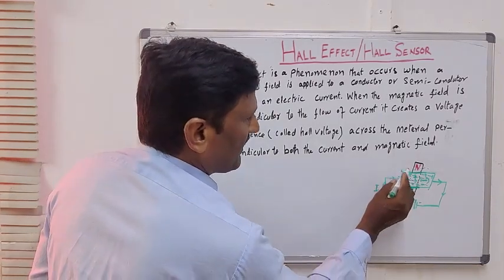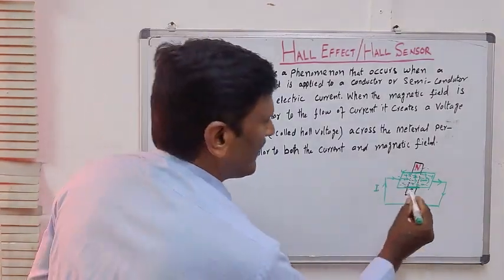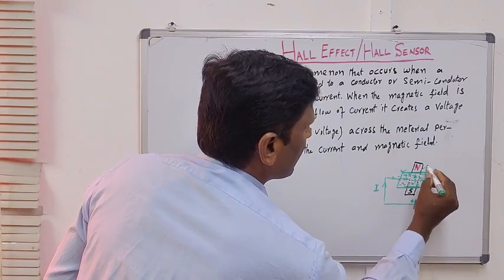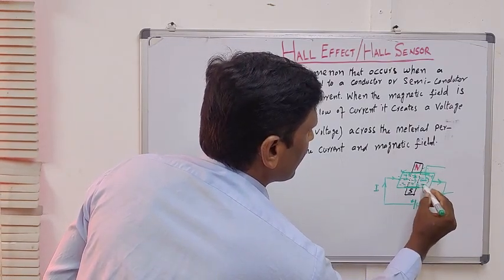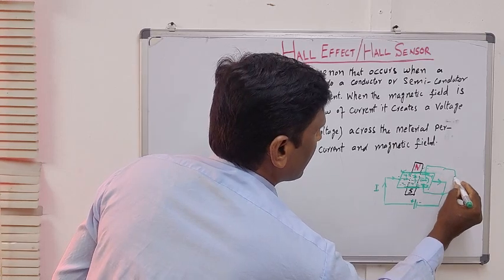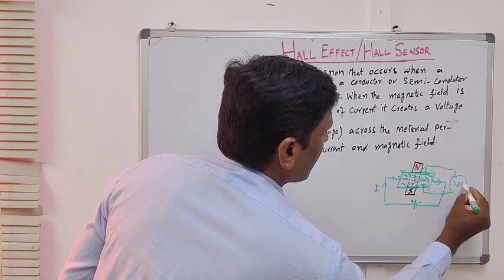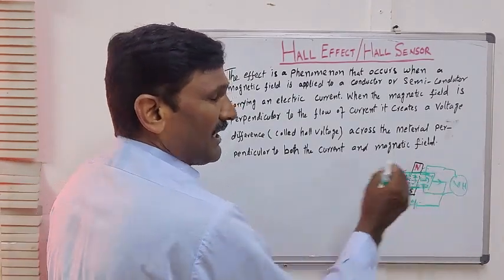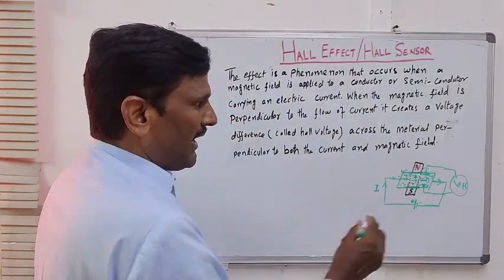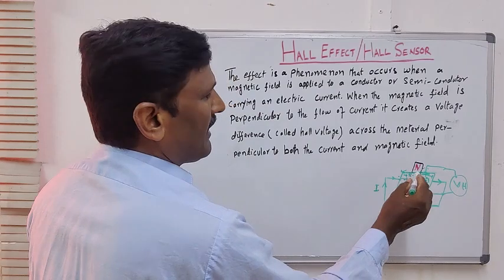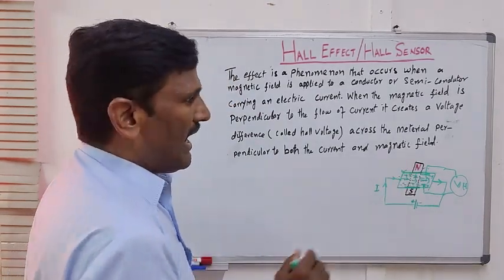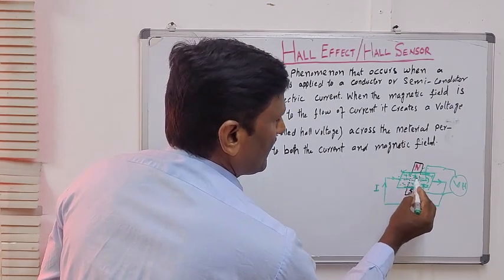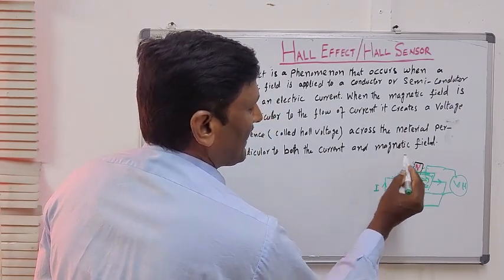When a potential difference occurs, it is not very large, but we can measure it, and that potential difference is called the Hall voltage. These voltages are perpendicular to both the current passing through it and the magnetic field.